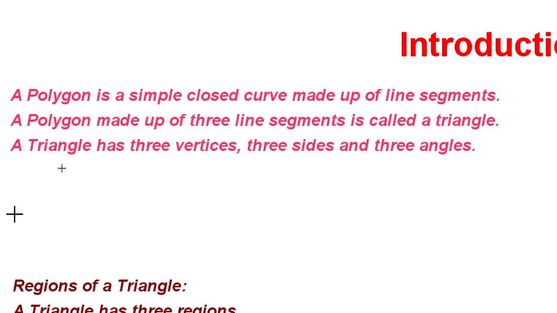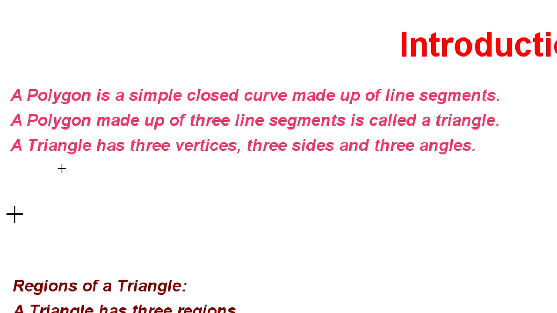By using those line segments you can form any polygon, maybe a triangle which has three line segments, a quadrilateral with four, a pentagon with five, a hexagon with six, a heptagon with seven, an octagon with 8, a nonagon with 9, and a decagon with 10 line segments. All these things you learned in the 5th class itself.